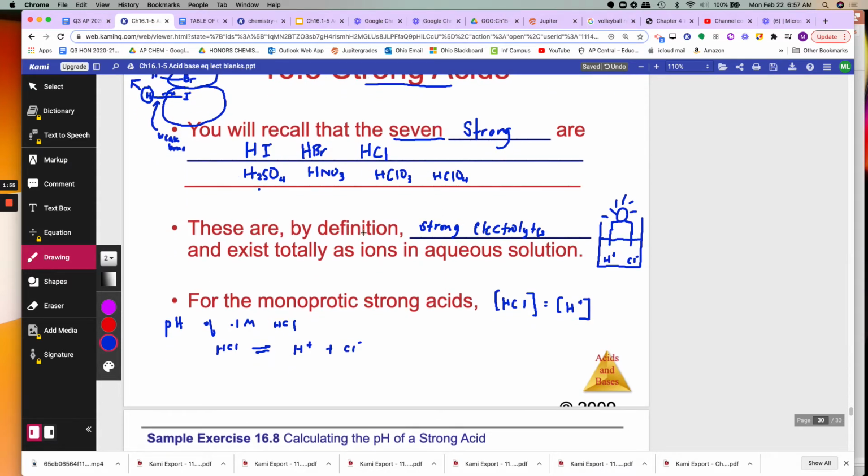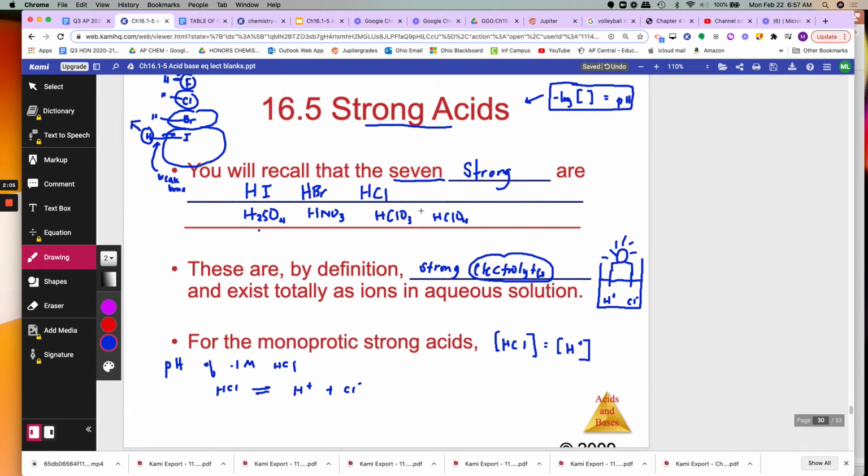So by definition, these are strong electrolytes. When you hear that word, electrolytes means they conduct electricity. And the reason why they conduct electricity is because when HCl, one of the strong acids, dissociates 100% of the time, it becomes ions, H+ and Cl-.